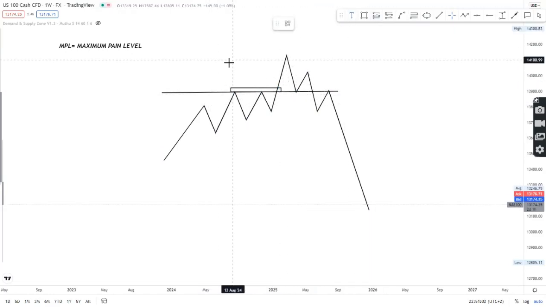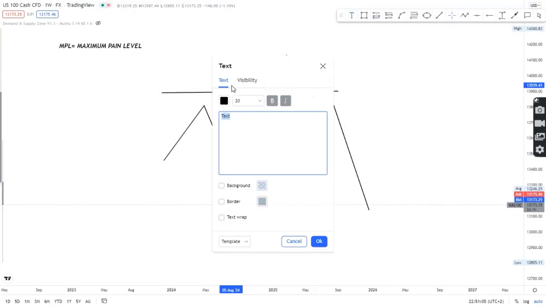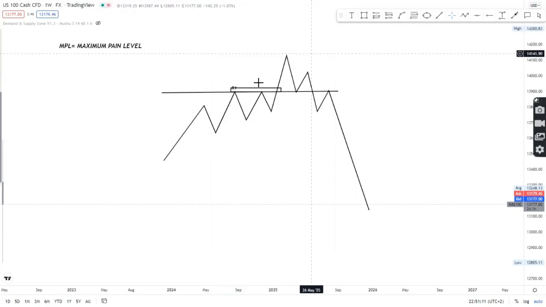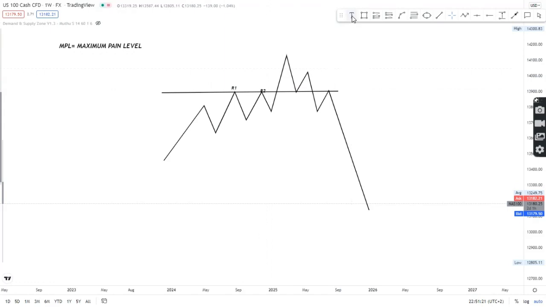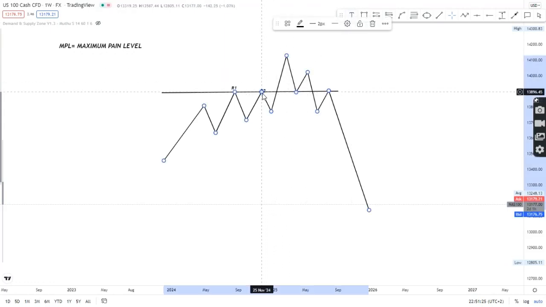So usually at this level you have R1, the first resistance, and then the second resistance, R2. People will be planning to sell on the third time the market comes to this level.